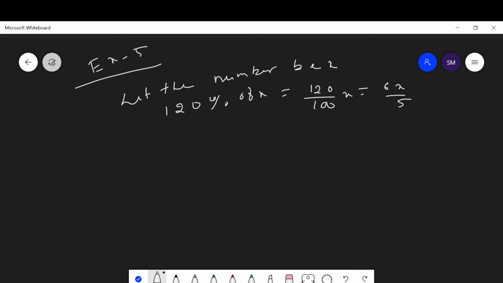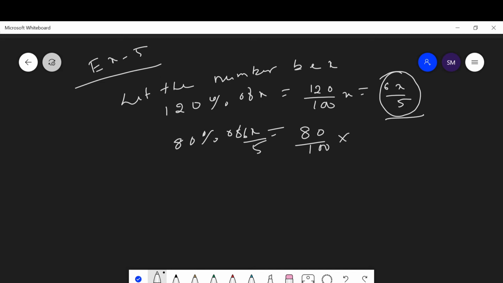Then the number is decreased by 20%, so the number becomes 80% of the increased number 6x upon 5. 80% of 6x upon 5 is equal to 80 upon 100 into 6x upon 5.